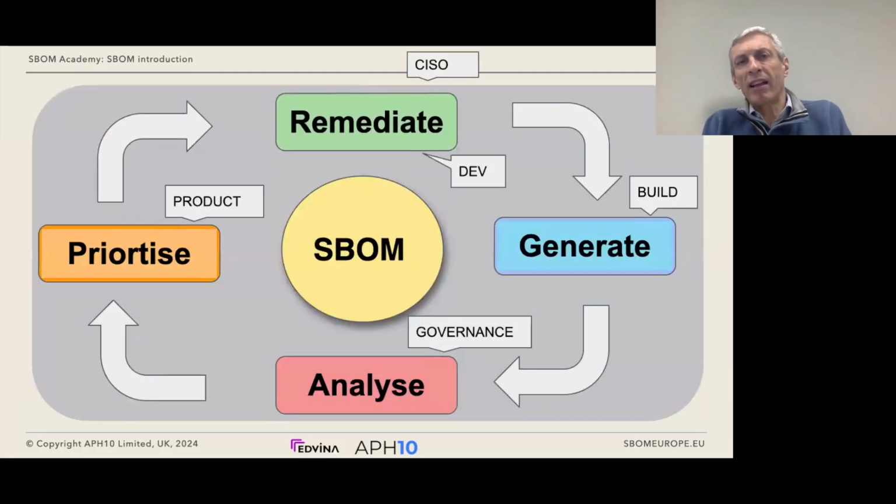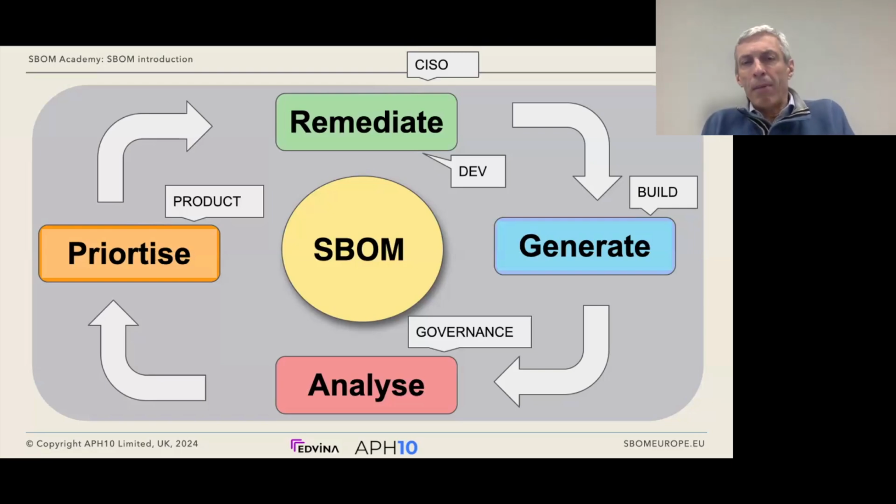And then there's a life cycle, and an SBOM really has a life cycle. Ultimately, your CISO or someone in leadership has some oversight. There's a process being followed, but generally the development team are going to be generating SBOMs, maybe out of their development pipeline, but the result of the generation needs to be analysed.